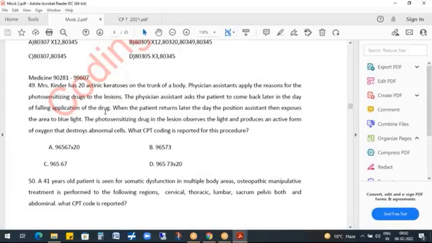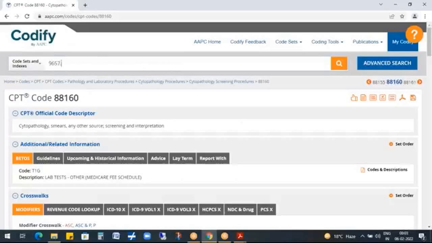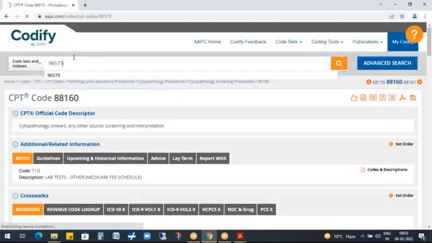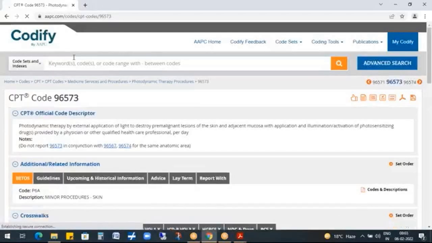The photosensitizing drug in the lesions absorbs the light. 96573 or 96567. Sir, here physician assistant means other qualified professional, sir. Yes, other qualified, not directly by the non-physician practitioner.